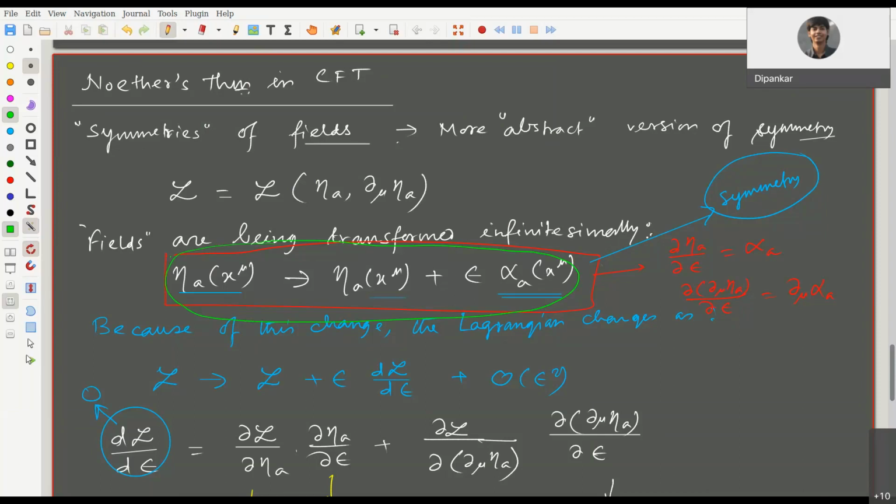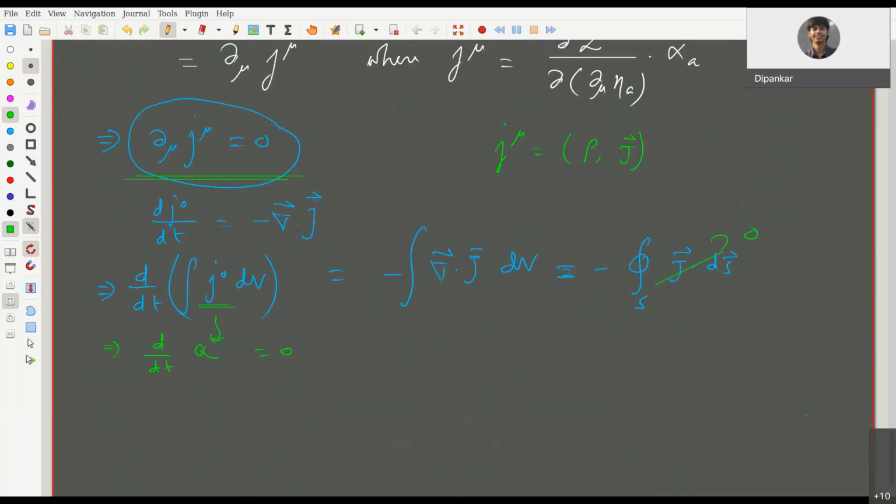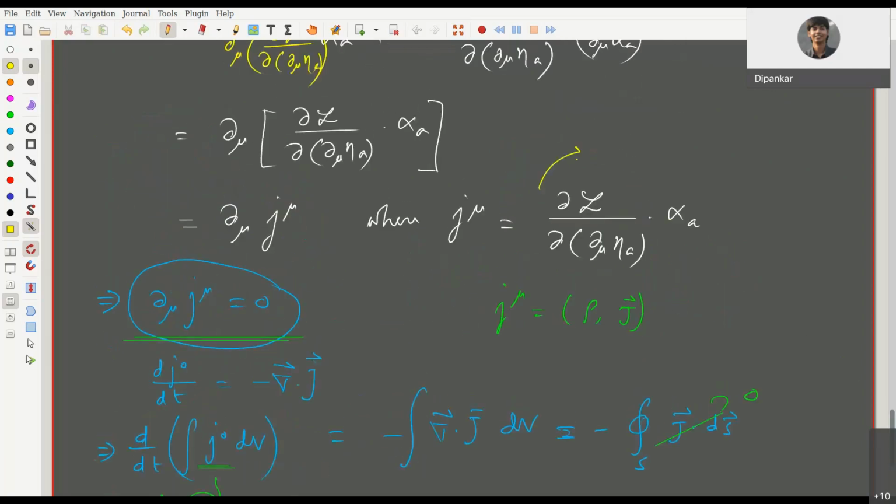So by definition, the symmetries I will be talking about are continuous symmetries, and if there is a symmetry of continuous nature, then I can find something that is conserved, a general analog of a charge, and I will call this my Noether's charge. Similarly, this current that I defined here is called the Noether's current.